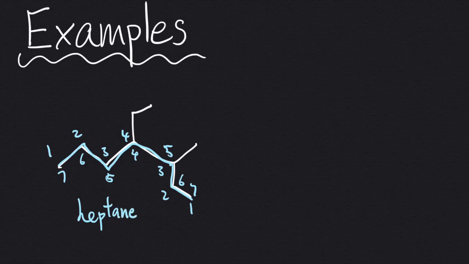The second thing we need to do is to identify the substituents. So here we have an ethyl group and also a methyl group. To determine which numbering system is correct, we need to base on the substituents.